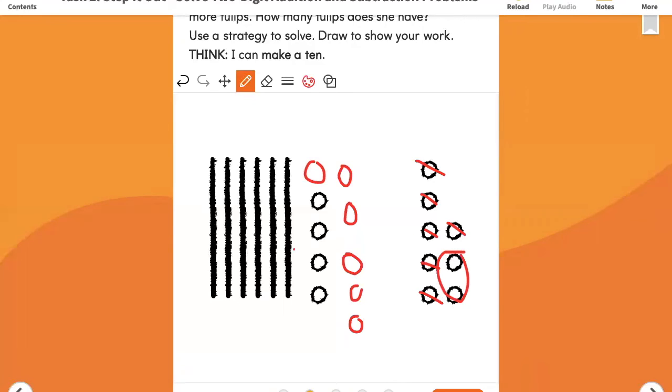So let's go back to our now new group of 10. I already have 6 tens, but let's add one more group of 10. That will give me 70. And I have 2 ones left over. So I know that 70 plus 2 will give me 72.